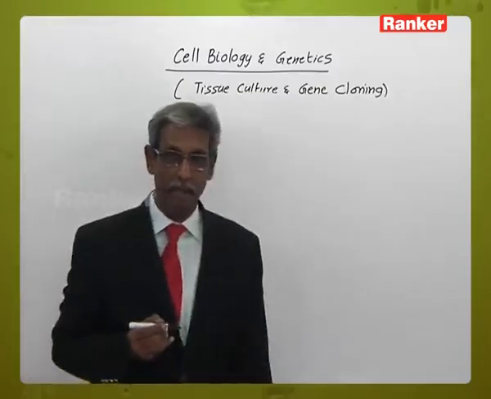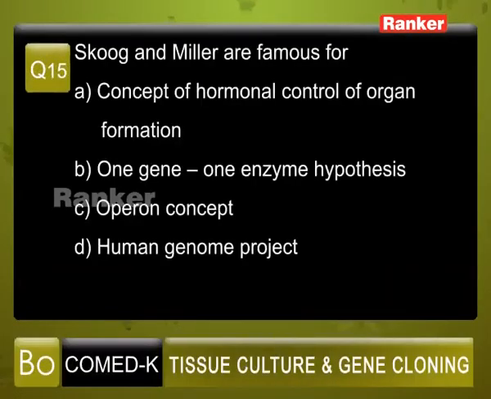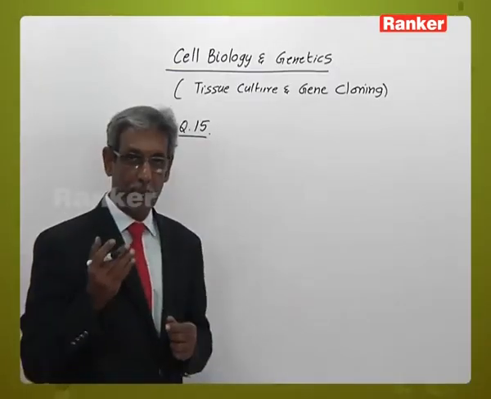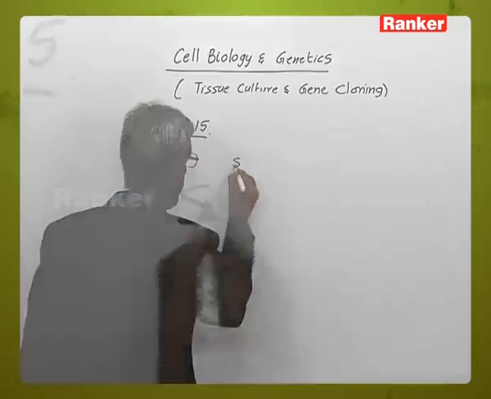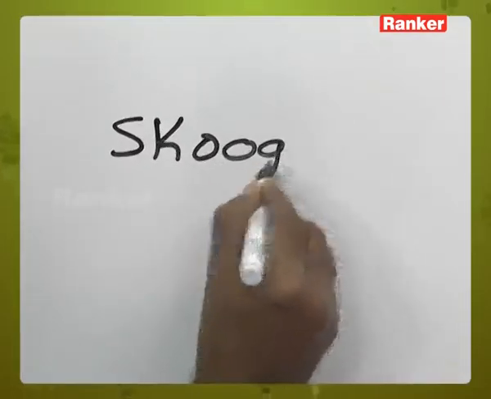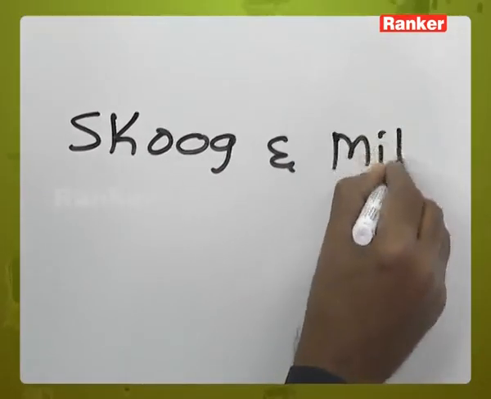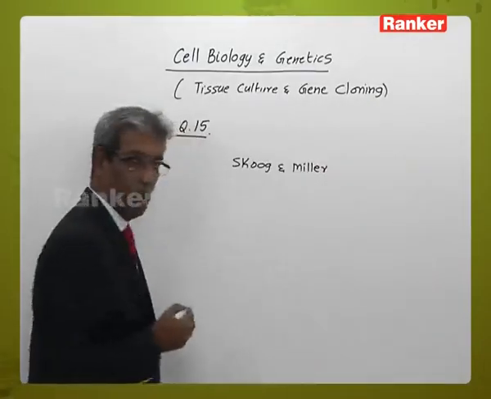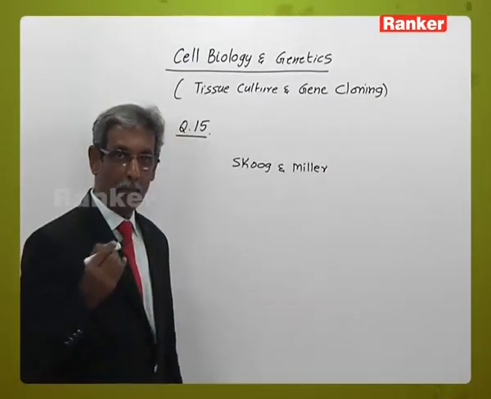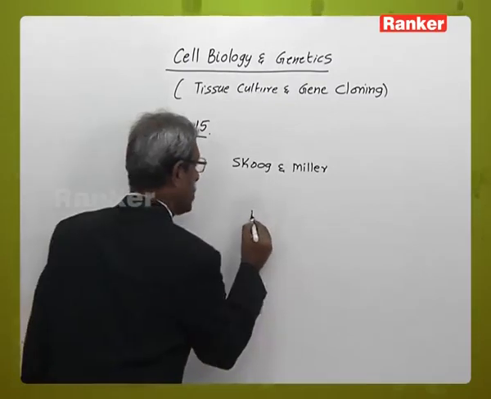Question number 15. Skoog and Miller are famous for A, the concept of hormonal control in organ formation, B, one gene, one enzyme hypothesis, C, operon concept, D, human genome project. If we look at Skoog and Miller, they are people who worked on plant tissue culture.